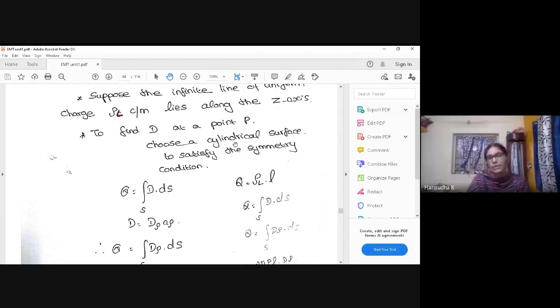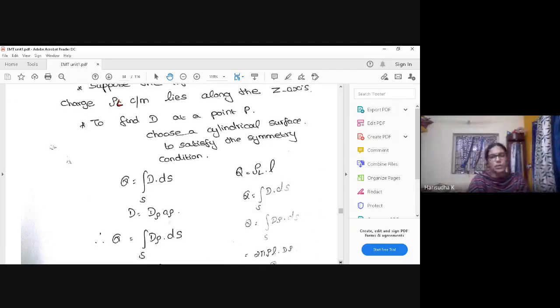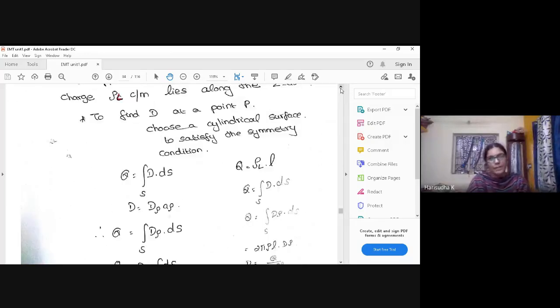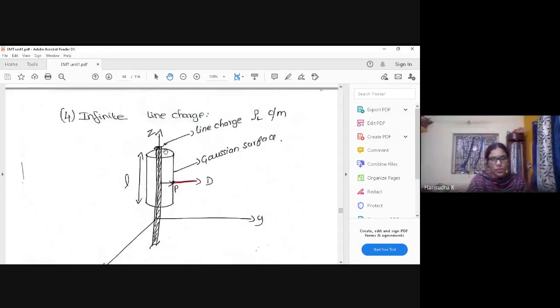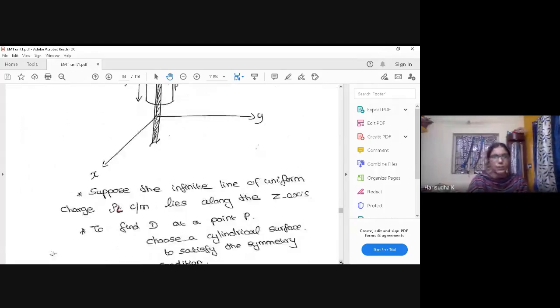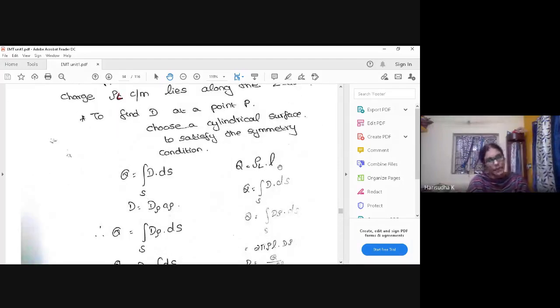We know the basic formula, charge Q is equal to the surface integral of D dot dS. Since we have assumed a line charge density, my charge for a line charge density will be equal to rho L into L.